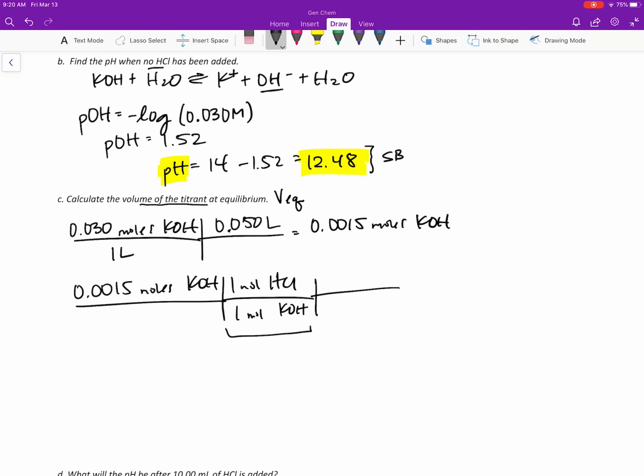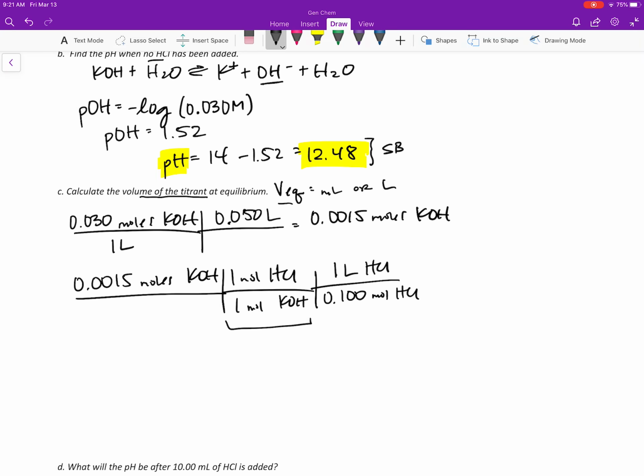And now I need to know where did it go? There we go. The molarity of the HCl to get to volume, because this should be in milliliters or liters. And I'm told that I'm starting with a 0.1 molar solution of HCl. So then my moles of KOH cancel out, my moles of HCl cancel out, leaving me with just volume.